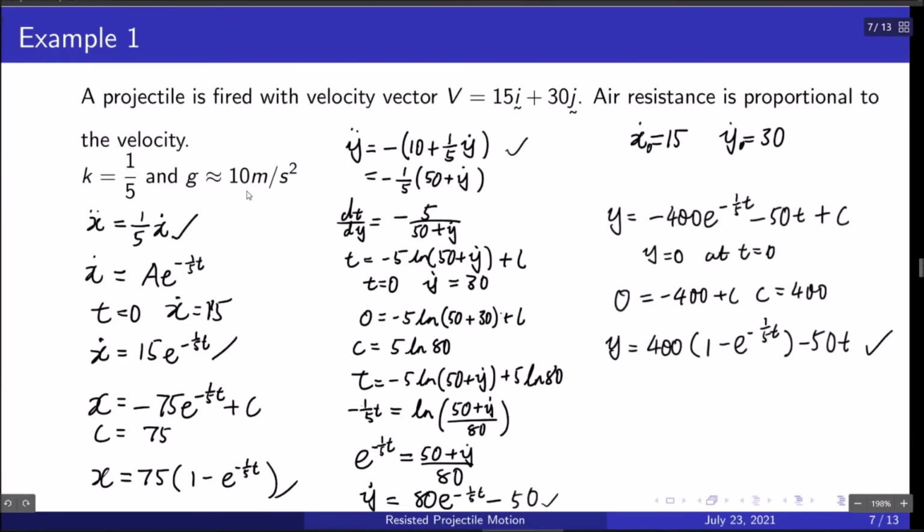So as you can see here, we start off with the horizontal acceleration, integrate to find the horizontal velocity, integrate again to find horizontal displacement.